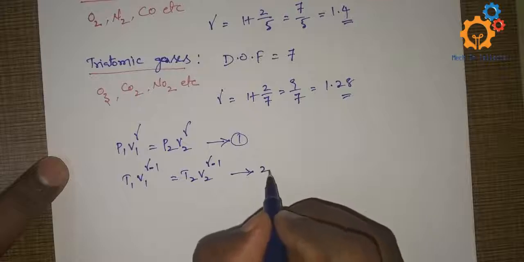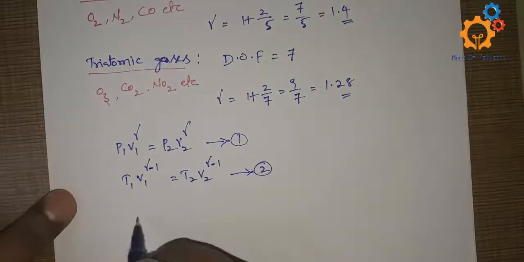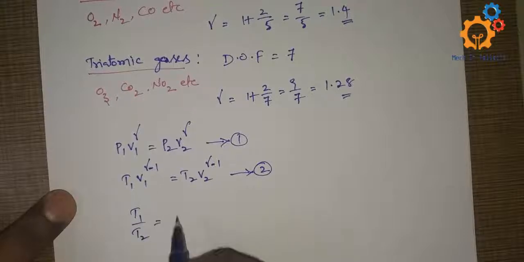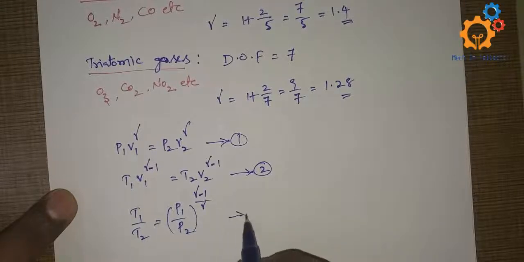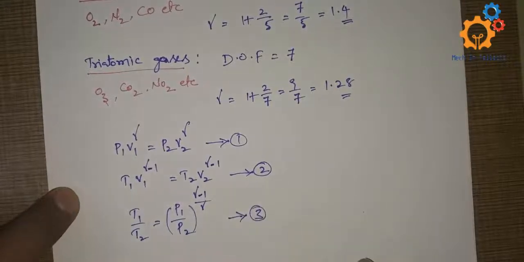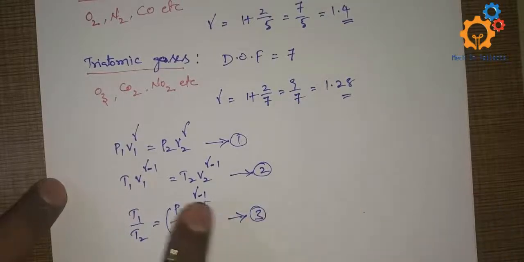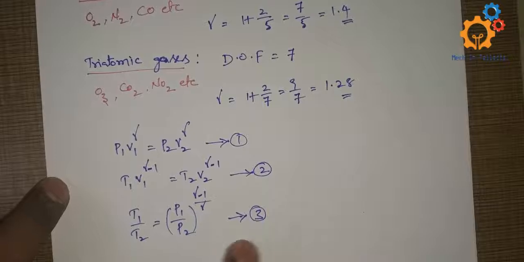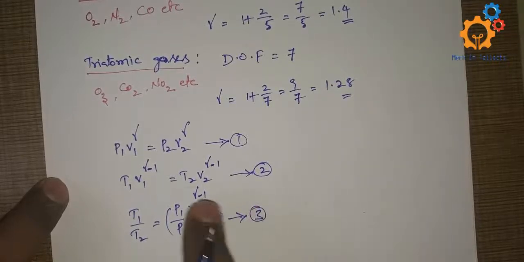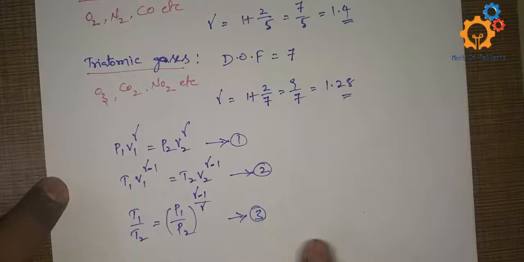This is equation 2. And finally T1 by T2 is equal to (P1 by P2) whole power (gamma minus 1) by gamma, and this is equation number 3. These are the adiabatic relations. These are very important in gas power cycles, where with the help of these three equations we will derive the thermal efficiency of that power cycle.